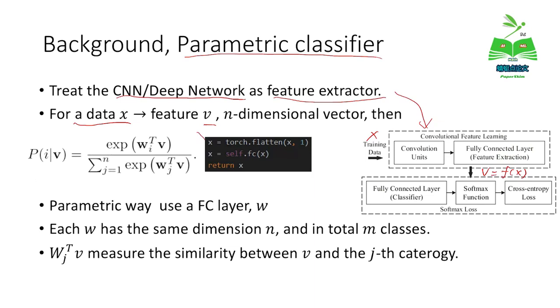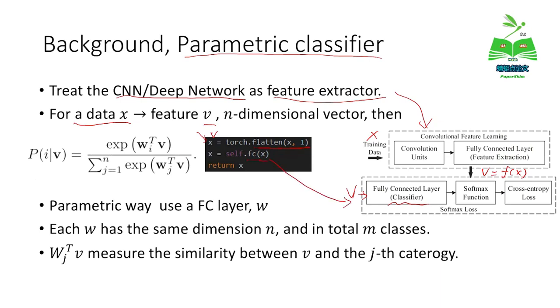Here we give the example of the PyTorch code. Here V is the extracted feature, then we flatten this vector, and we have the V here, and then go through another fully connected layer. Now it's a linear classifier. Here we can see the FC here.